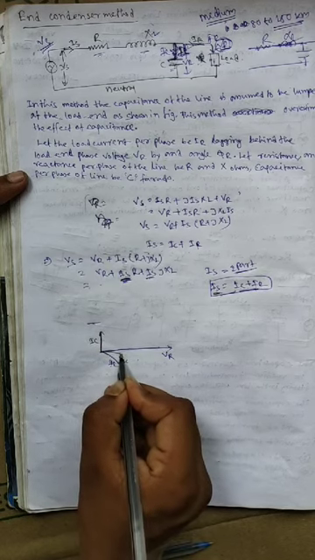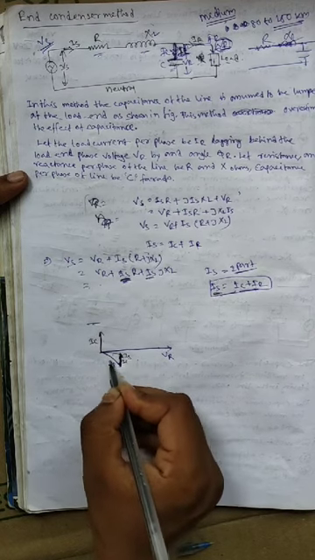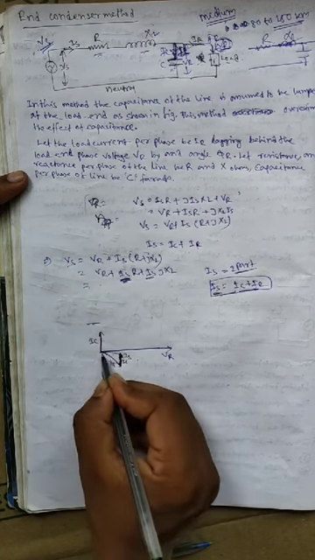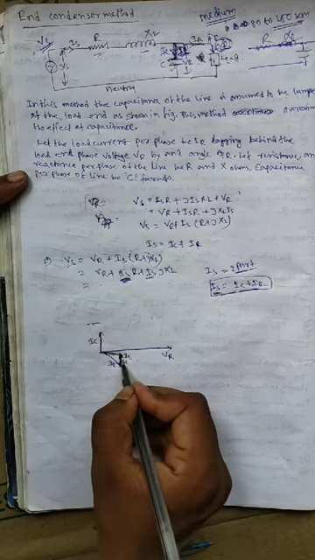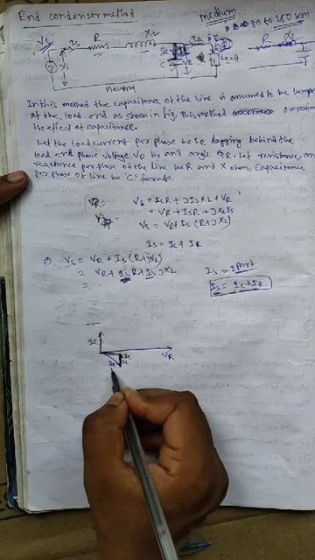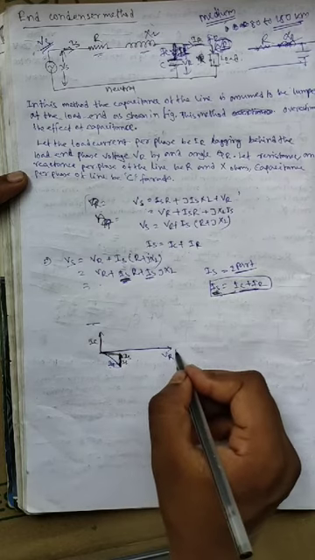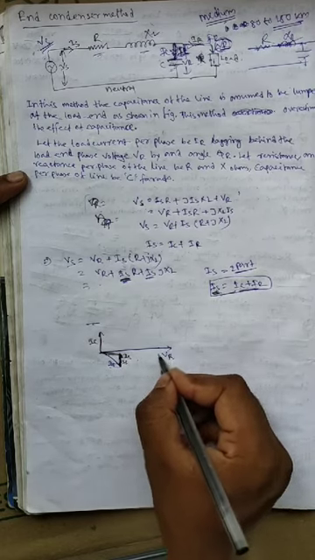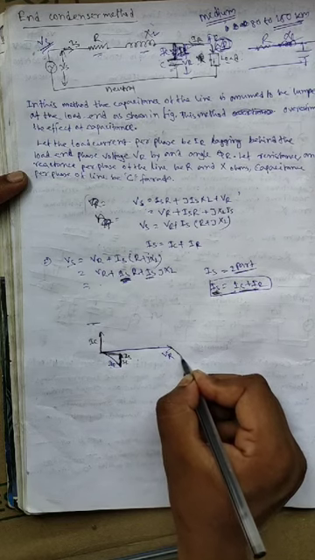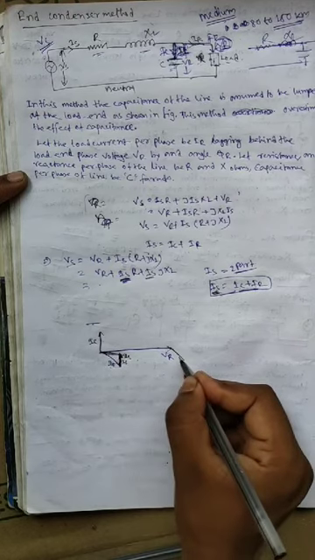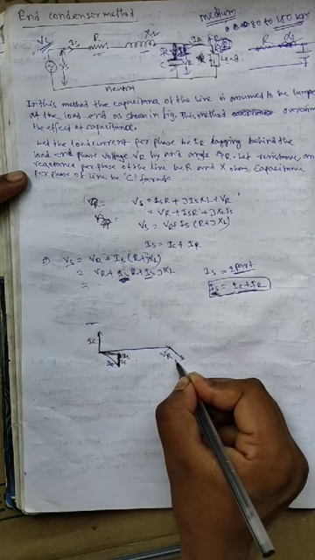We get the Is current here as the addition of these two, IR plus IC.